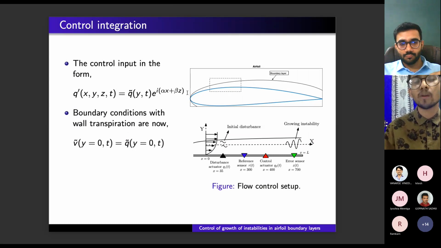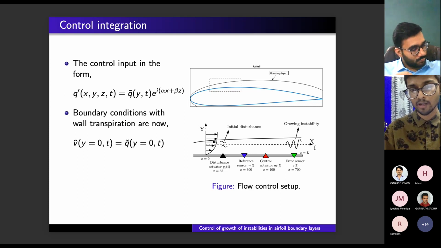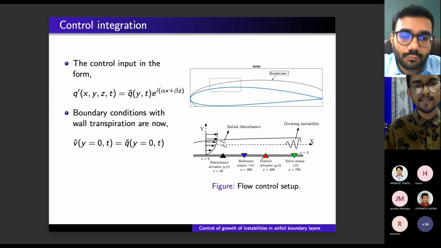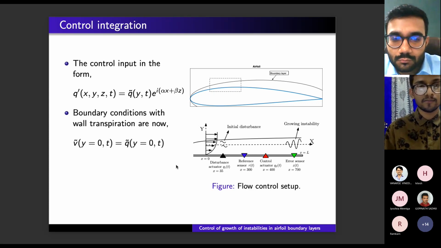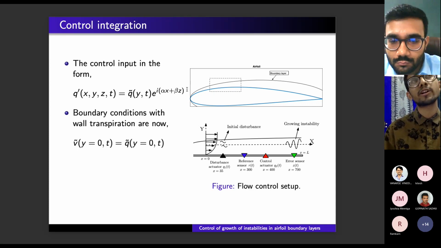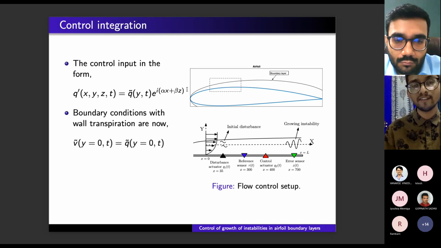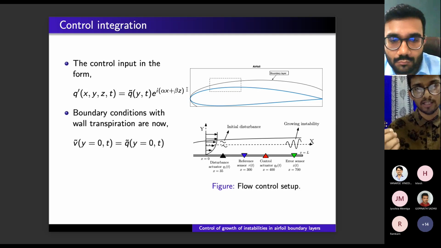So now we are going to incorporate the control. As I discussed before on the control side, the controller, actuators and sensors are incorporated in a real system. Mathematically, we are going to add this control in the form of perturbation velocity, specifically the normal velocity.